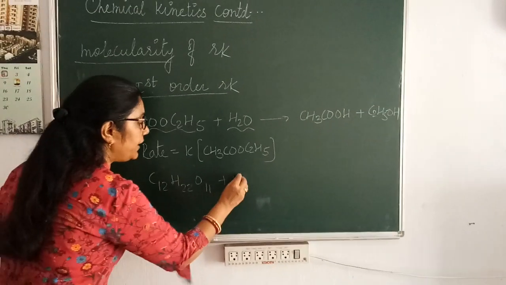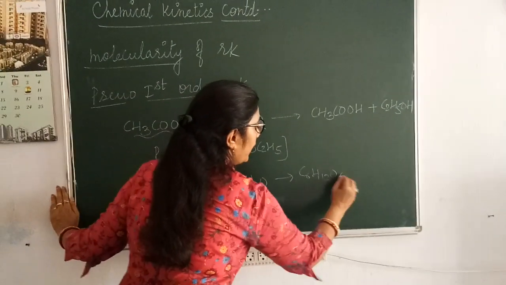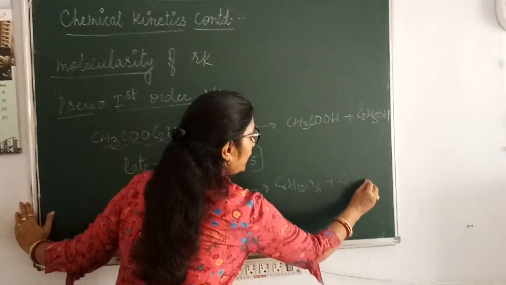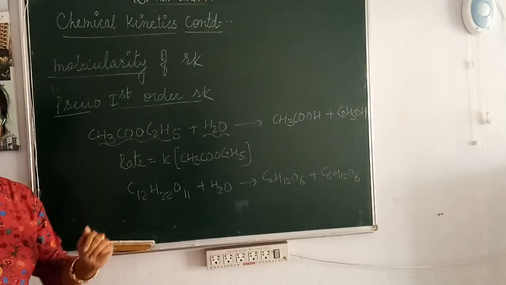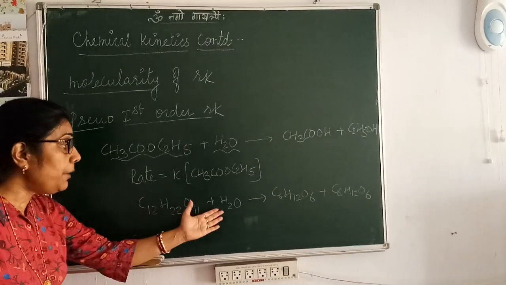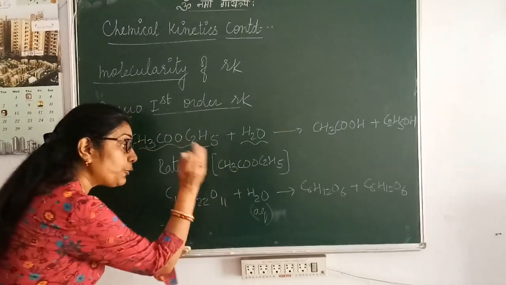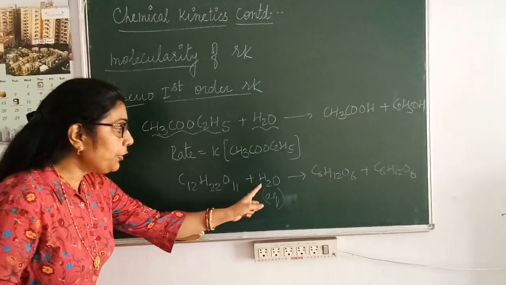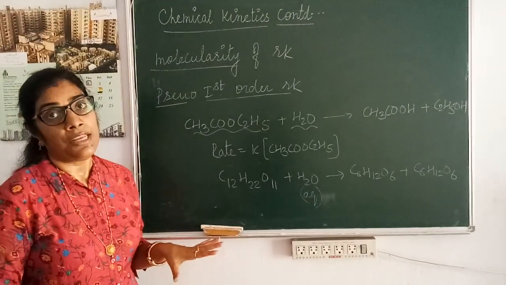When sugar is hydrolyzed, we get glucose and fructose. In this case also, the rate is independent of the concentration of water. Why? As I said, water is present in large excess, in an aqueous medium. So even if molecularity is 2, the reaction is first order.